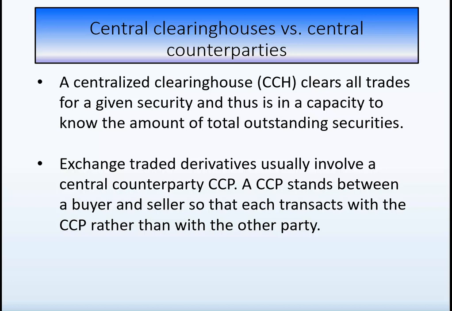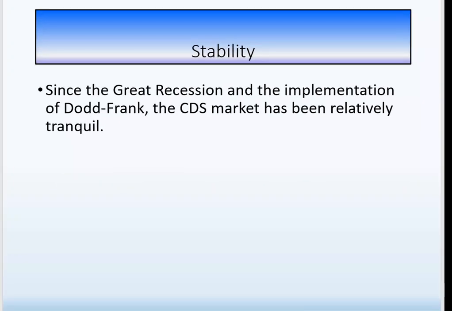It helps for a very smooth market so that buyers and sellers don't have to worry about the counterparty failing. By having a centralized clearing party, if one party to a CDS fails to fulfill their end of the transaction, the centralized clearing party makes sure the transaction is covered, so no counterparty risk and the derivatives markets work smoothly.